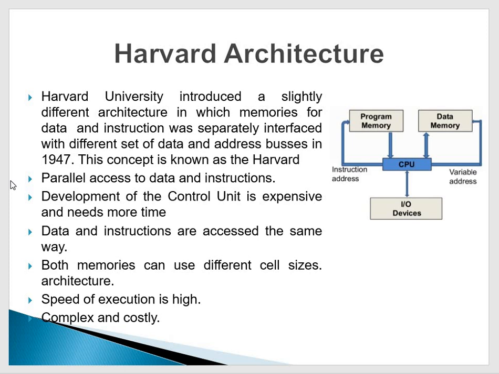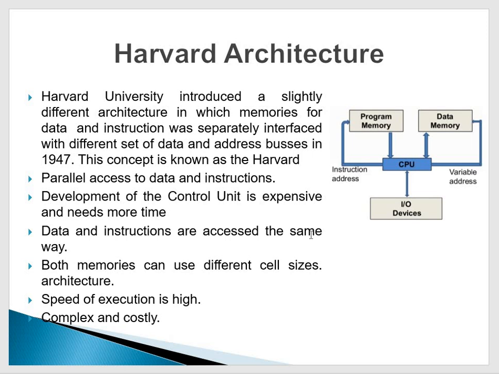That requires extra circuitry, and the cost of that extra circuitry, required to interface the two sets of address and data buses, makes it expensive, and it also needs more time.